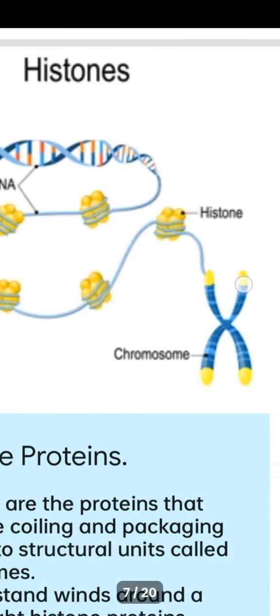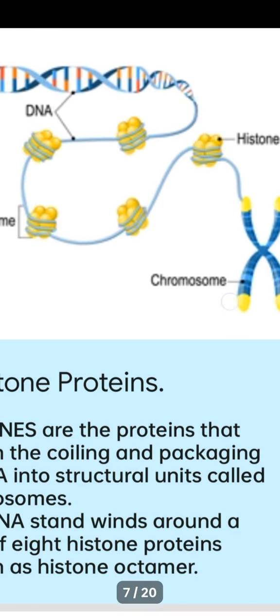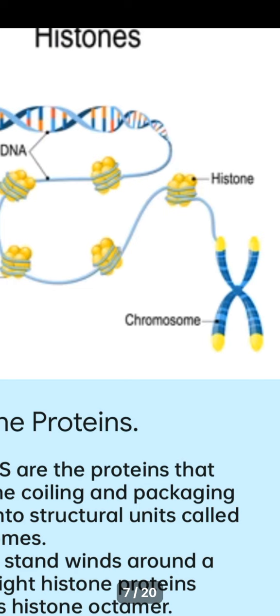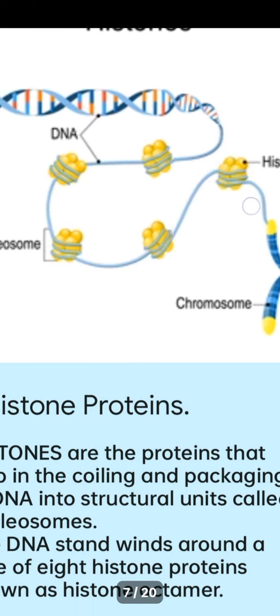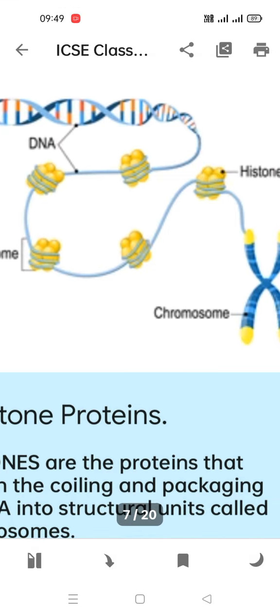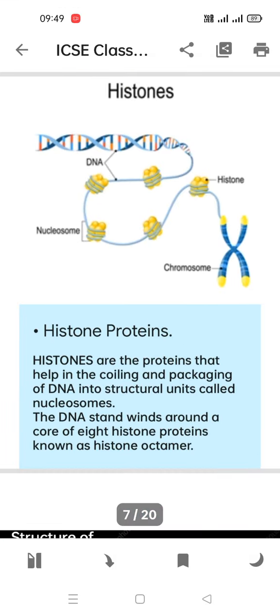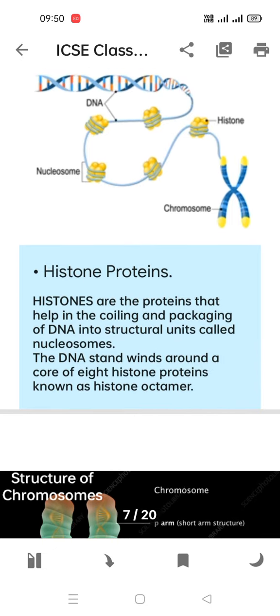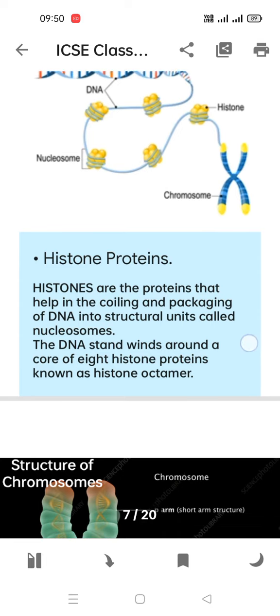From the chromosome, the DNA coils around the histone proteins, and this group of histone proteins is known as the nucleosome. So what is a nucleosome? It is nothing but 8 histone proteins coiled by the DNA.